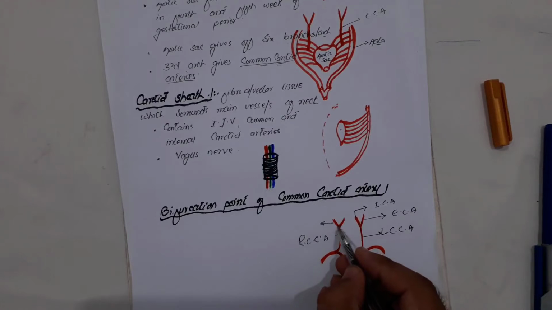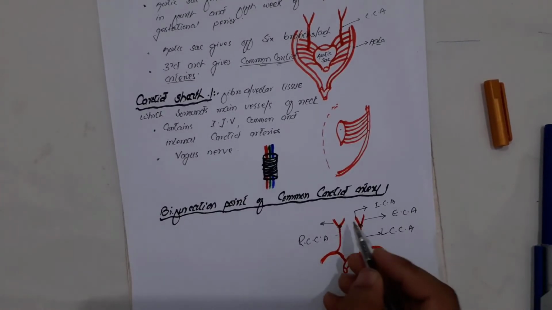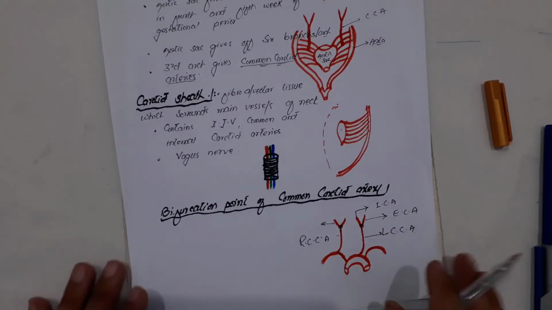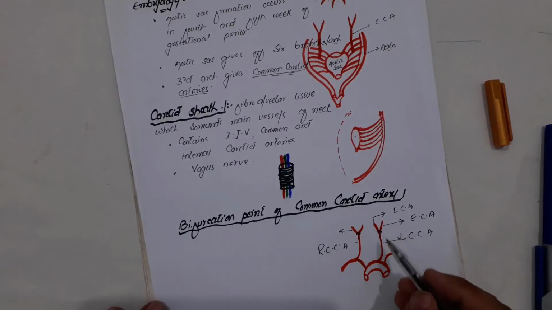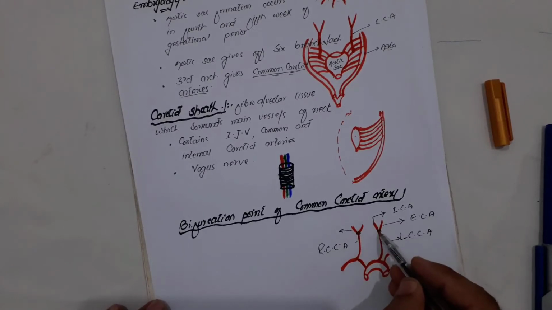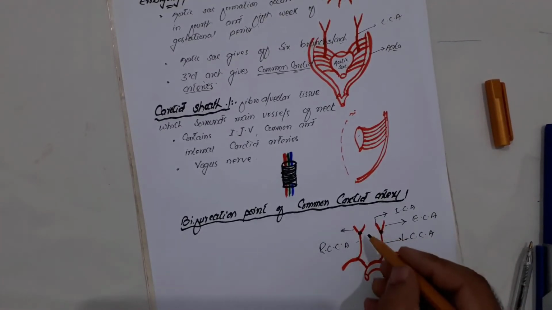Now this is the point of bifurcation, right? The point of division of the common carotid artery. So common carotid artery divides into internal and external carotid artery at this specific point, and this specific point is present right at the level of upper border of thyroid cartilage, right?